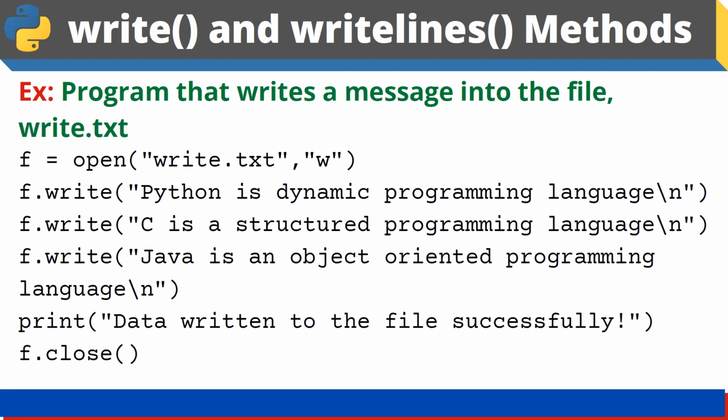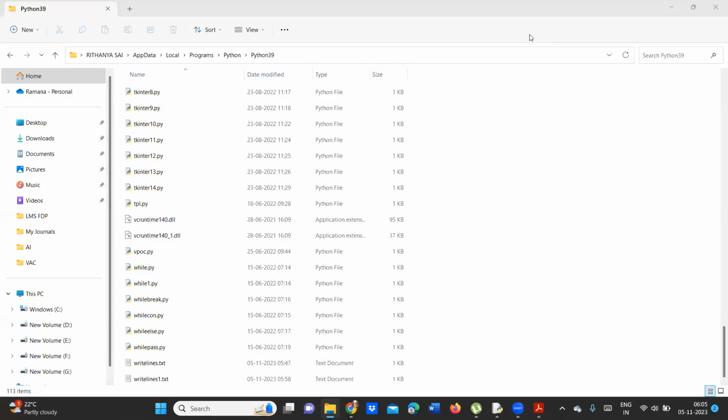After usage, we have to close the file. So this is the process: first we open the file, then we perform the operation, then finally we close the file. Now we are performing the write operation.